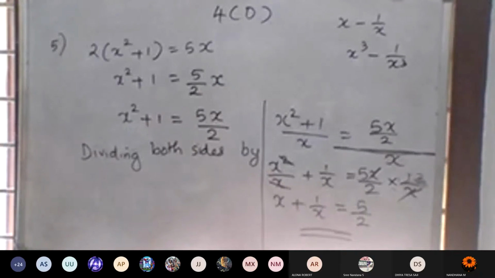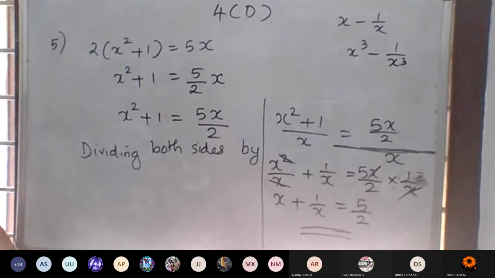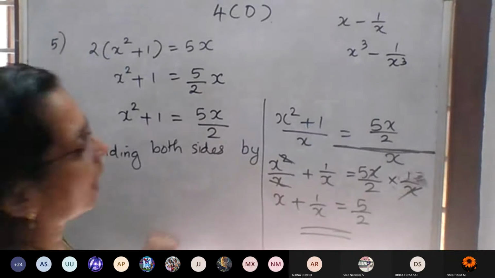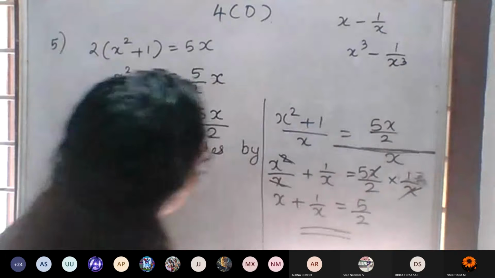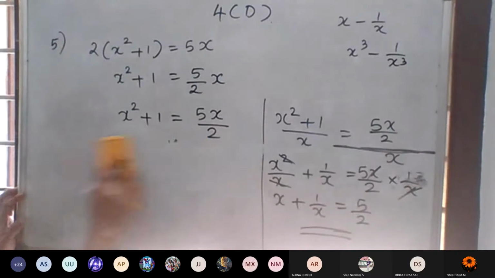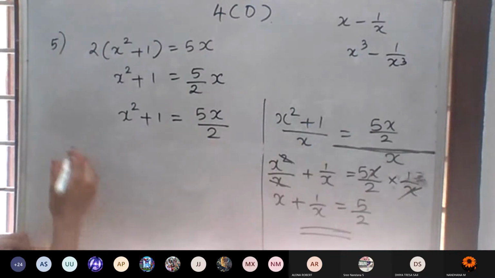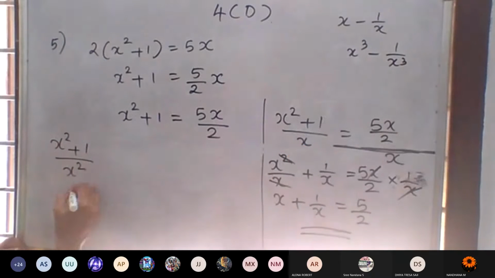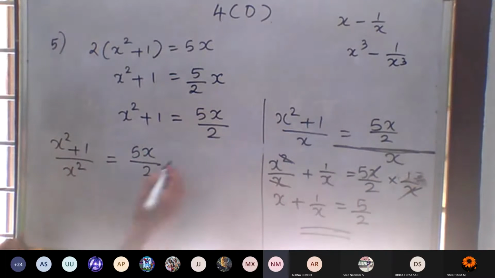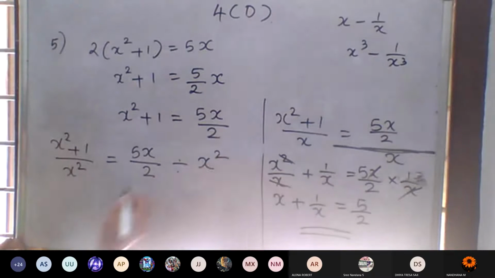From this, if we divide by x square, what will happen? Suppose, instead of dividing by x, think of that. X square plus 1 by x square is equal to what? 5 by 2 divided by x square. Both sides we have to do with the x square.